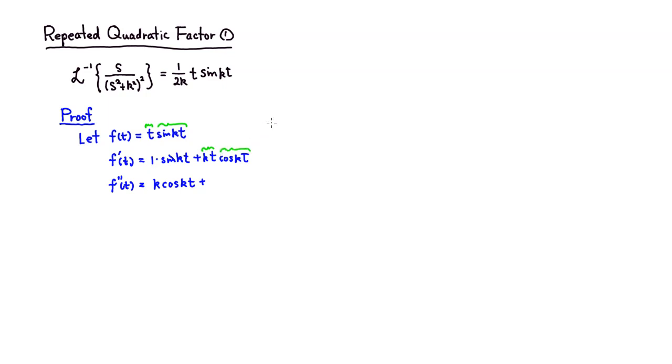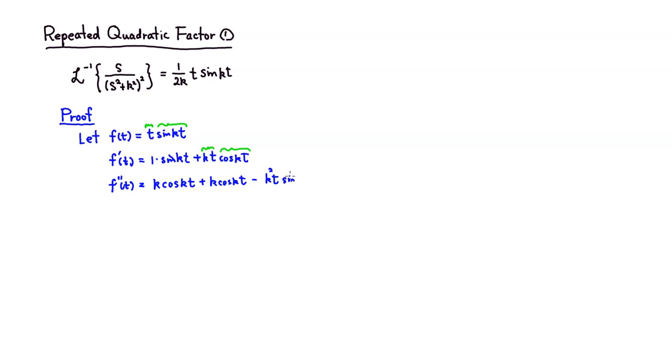The derivative of the first is k, times cosine of kt, and plus, actually it's going to be minus, right? You have a kt originally, but the derivative of cosine of kt is negative k, so you have another k sine of kt.